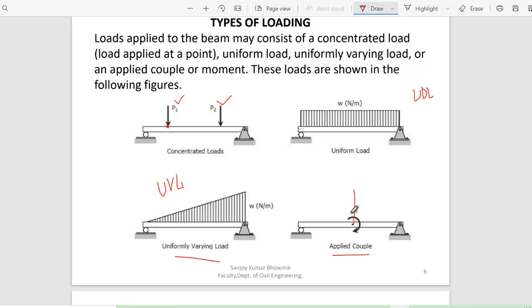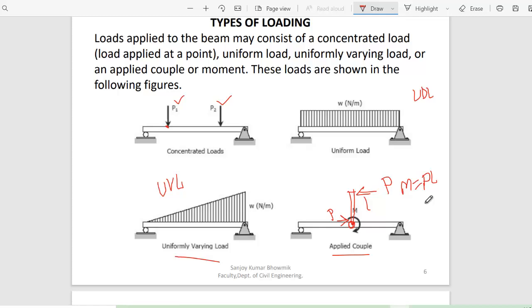Suppose we have another member here, and this member has a P force here and another P force here, and this distance is L. If you take moment at this point, taking a free body diagram, you get the moment M equals P into L. Do you understand?